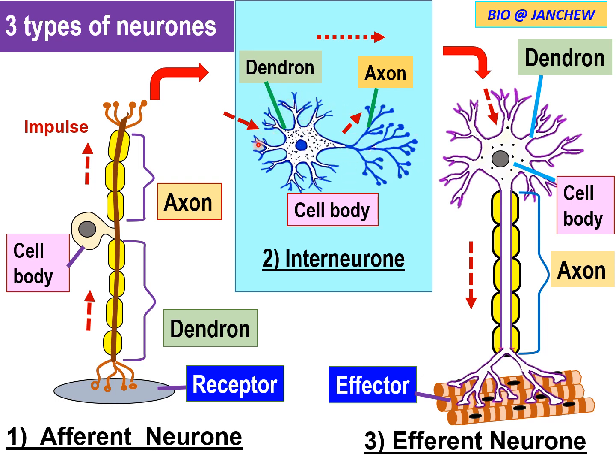It's found in the spinal cord and the brain. It's not connected to receptors or effectors directly. This interneuron also has dendrites and dendrons, which transmit the impulses towards the cell body, and it has an axon, which transmits the impulses away from the cell body to the next neuron, which is the efferent neuron.